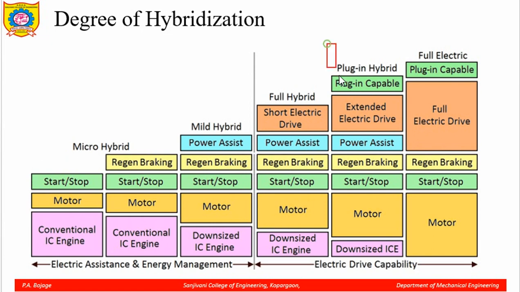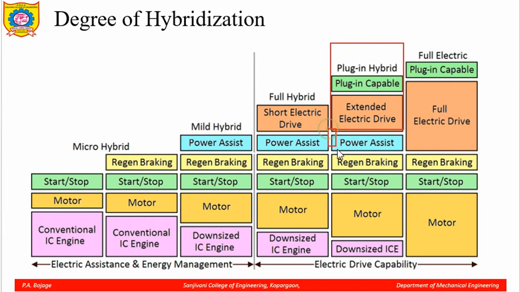Now the next category is the PHEV, that is the plug-in hybrid electric vehicle. So plug-in is what? The battery is charged by the external power source, extended electric drive. So these two things are added. Plug-in capable means it can work as an electric vehicle by charging the battery from the external source.